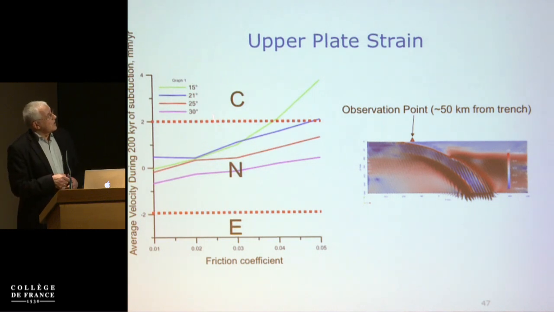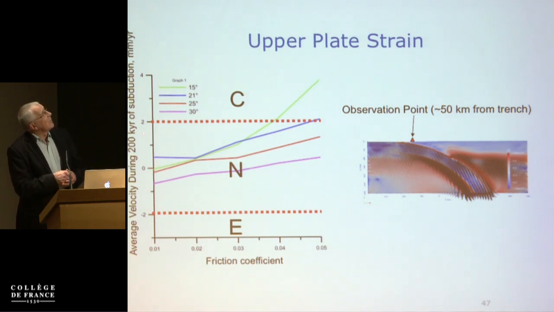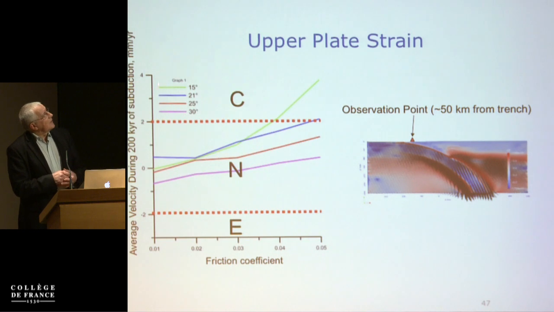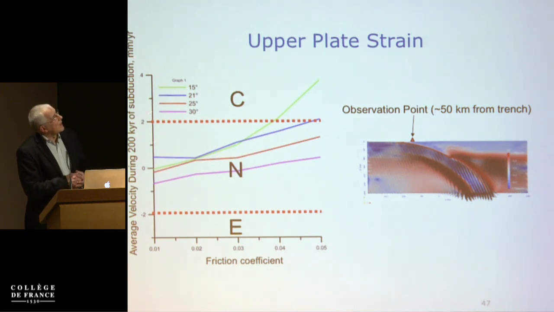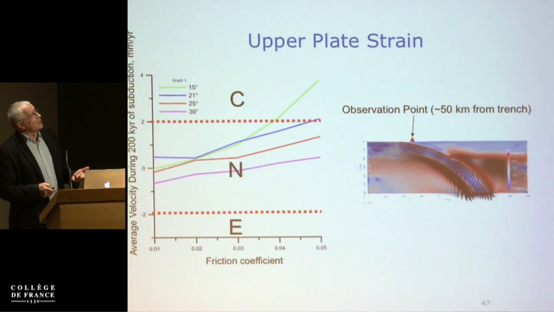And what you see here is the relative velocity between this particular point and the rest of this boundary. And this is in millimeters per year. Each curve is a different subduction zone with different geometry.